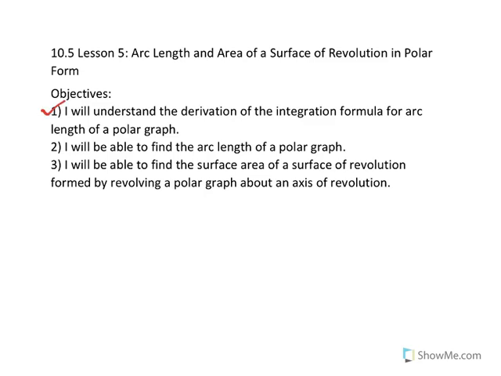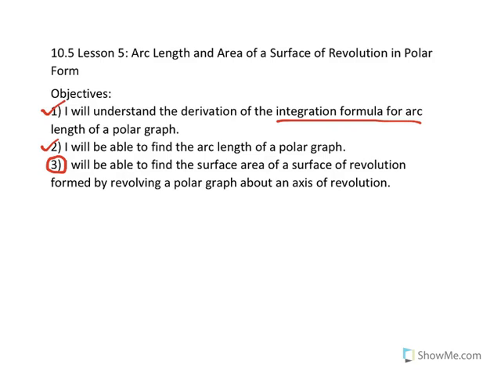So in this lesson we looked at 3 objectives. We understood the derivation of the integration formula for arc length of a polar graph. We were able to find arc length of a polar graph. And before we looked at objective 3, we actually looked at relationships between the different integration formulas that we've been using for arc length and area of a surface of revolution in rectangular, parametric, and polar forms.